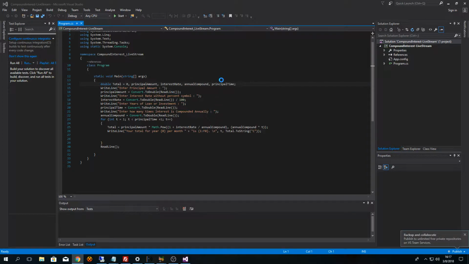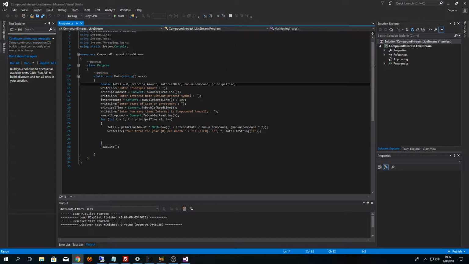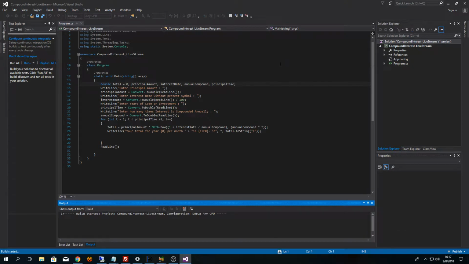Okay, so once it finishes loading, we'll hit F5, and I'll show you what it does, if it decides to work, which would be great.